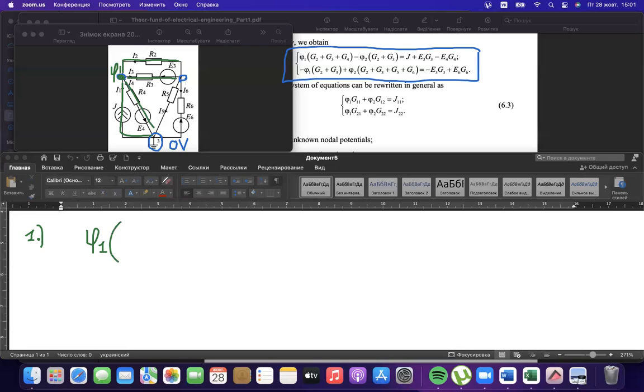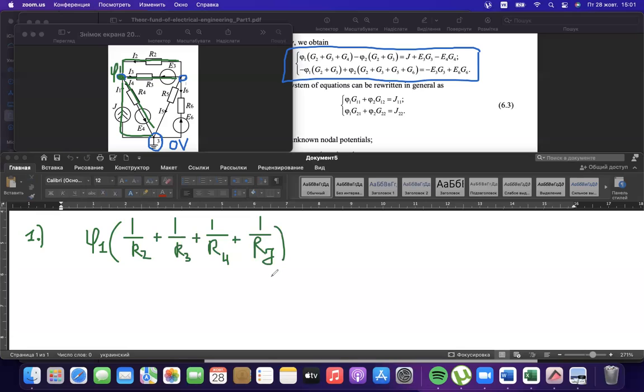We should write conductivities of these branches, and these conductivities will be the inverse values of the resistivities. And the resistivity of the current source.